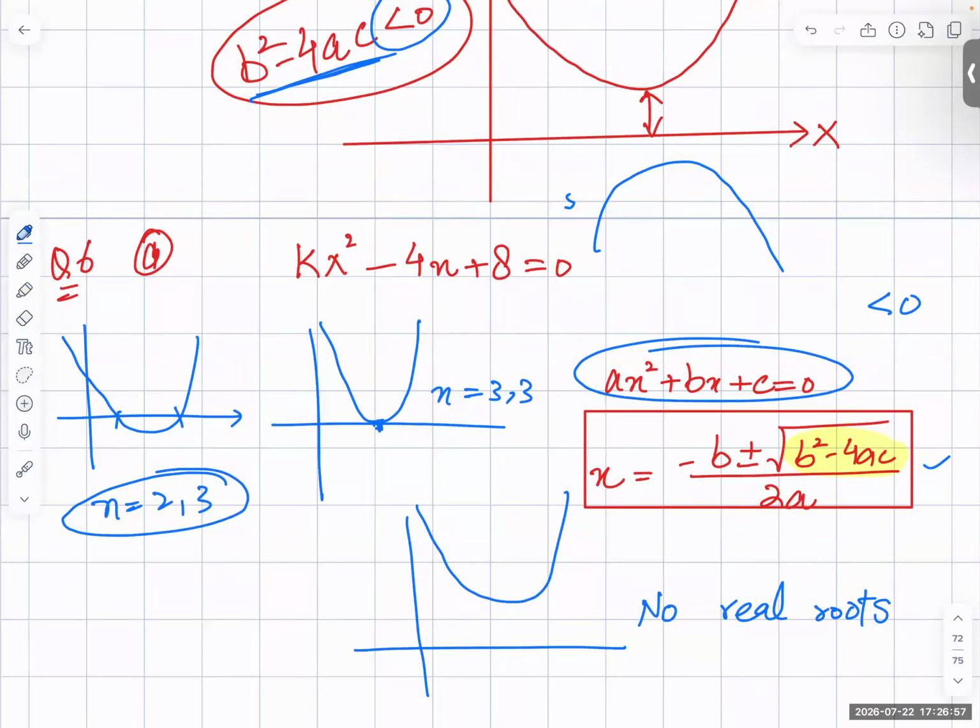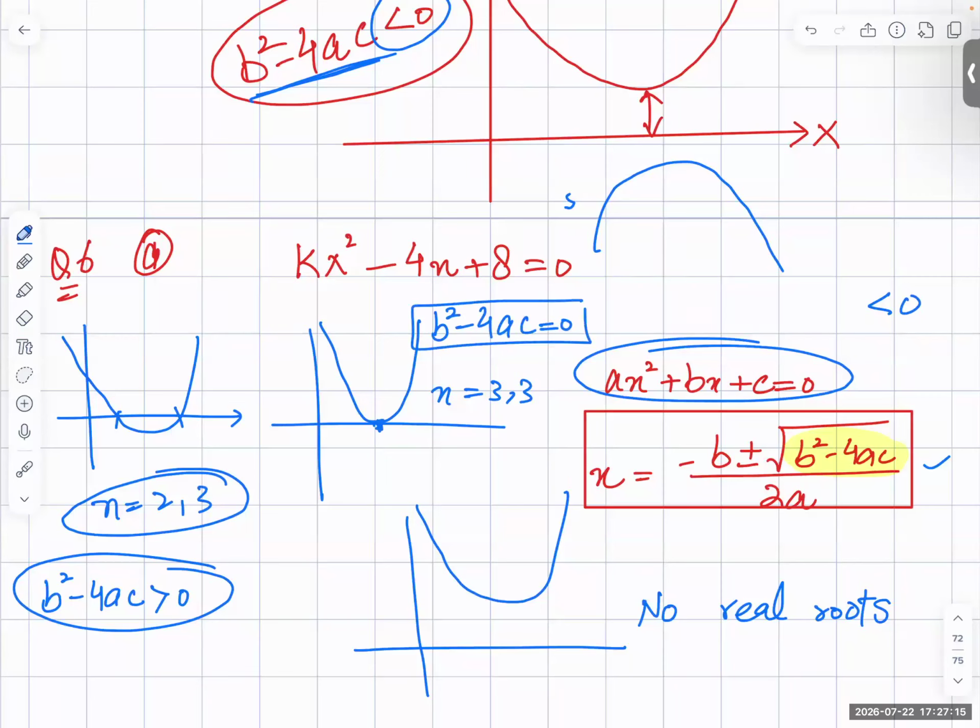So if this b squared minus 4ac is positive, any positive value, 2, 3, 10, 5, you will have two real and distinct roots. If b squared minus 4ac is equal to 0, your discriminant is equal to 0, then we will have repeated roots. And if somehow b squared minus 4ac becomes negative, we will have no real roots.